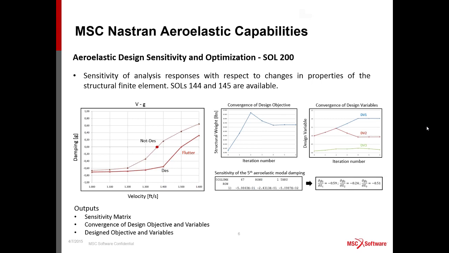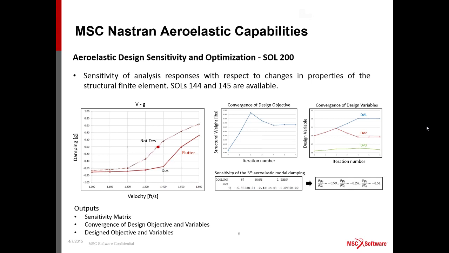For example, the thickness of some plates, the cross section of beams, or the section of some other finite element models. This is very important because Nastran can understand which design variables affect the response of the structure the most, and by using all these derivatives, it can now perform the optimization process and evaluate the parameters of the design structure.